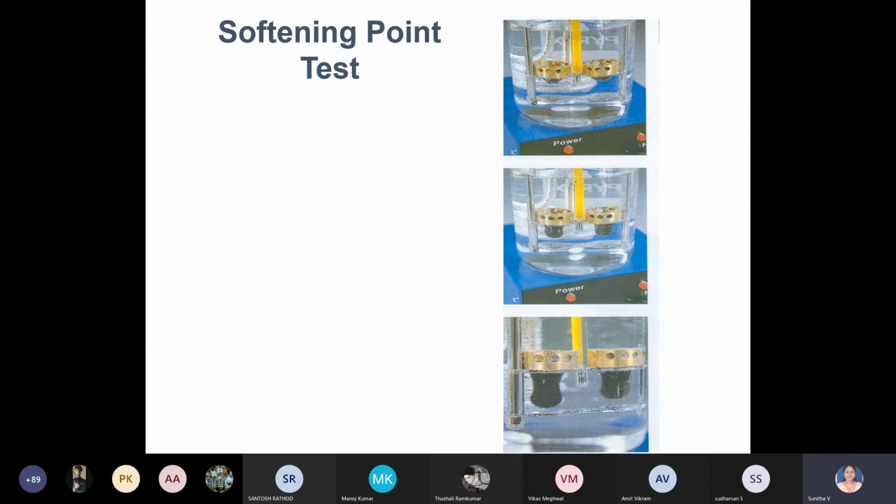If you are heating, the bitumen will get softened and it will just come down along with the ball. So whenever it touches this lower plate or lower bar, you have to measure the temperature. Whenever this ball touches this lower bar, that temperature is noted as the softening point. Okay.